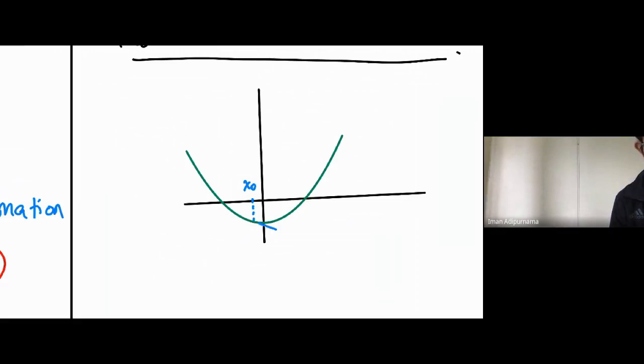And you get the tangent line like that. Maybe not really that good.